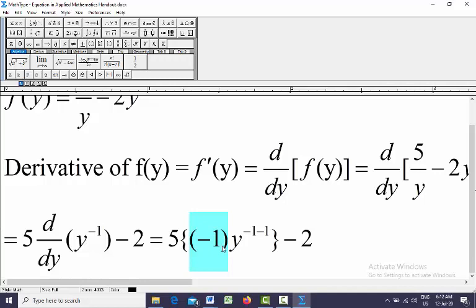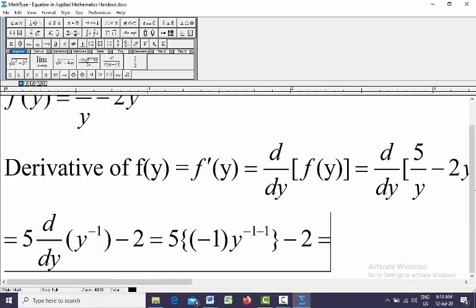You need to write that power first, and then the power, we had only -1 there, and from that power, doesn't matter what you have in the power, from that power you need to deduct 1, right?